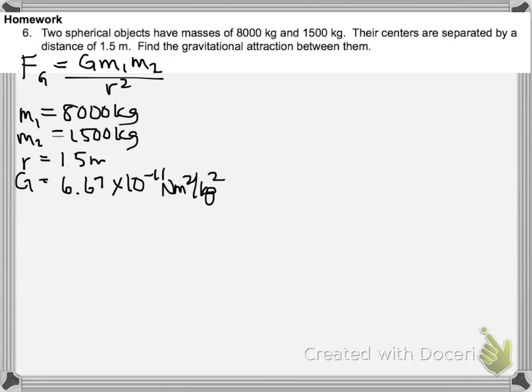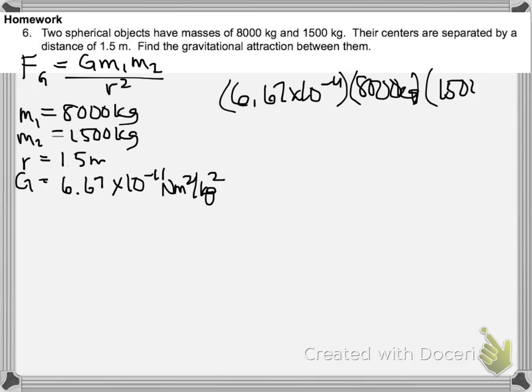So if we plug in, we have 6.67 times 10 to the negative 11th multiplied by 8,000 kilograms multiplied by 1,500 kilograms, and then that all gets divided by our 1.5 meters that gets squared.